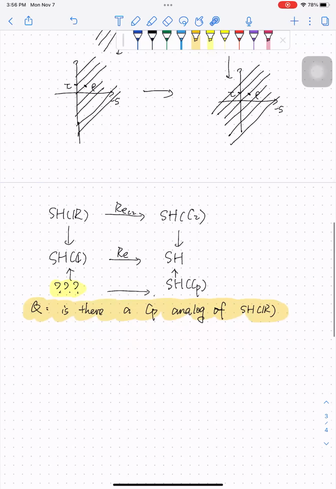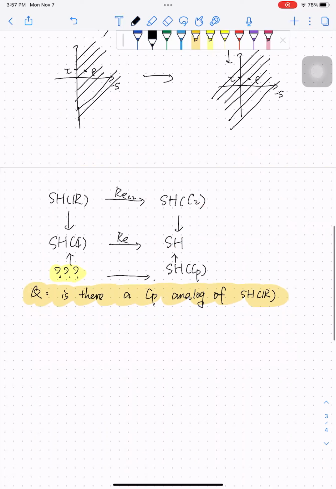So instead, our approach is that if we can understand in this square how to build the C-motivic stable homotopy category out of the stable homotopy category, or how to build the R-motivic stable homotopy category out of the C2 category, then maybe we can do something analogously. We start from CP and use this analogous way to build this question mark.